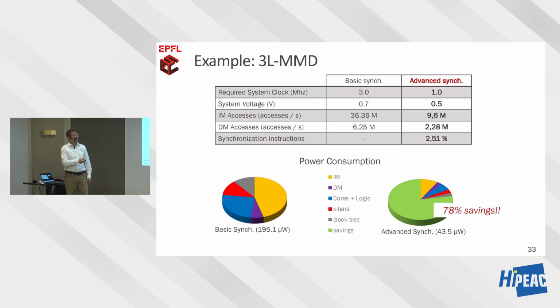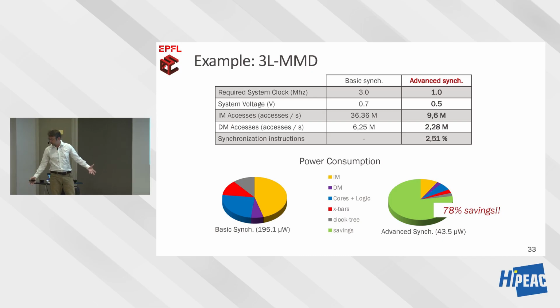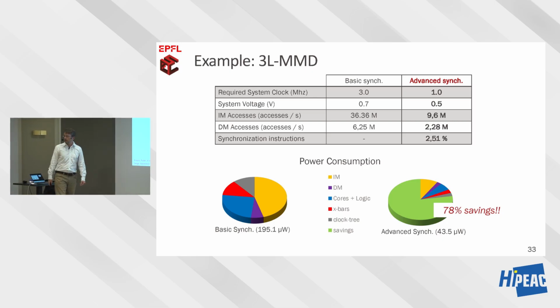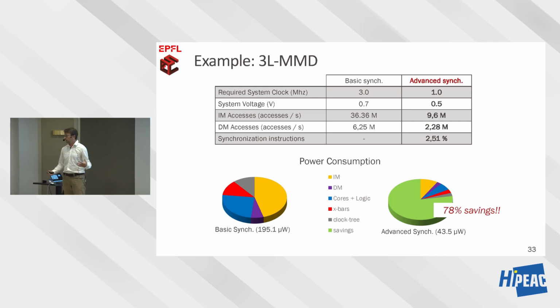Again, less than 3% of overhead due to synchronization instructions. We could lower the system voltage quite a lot, and reduce the number of instruction memory accesses and data memory accesses, all this combined resulting in quite a lot of energy saving with respect to a basic synchronization based on active waiting, where there is no synchronizer which clock gates and releases the processing cores.